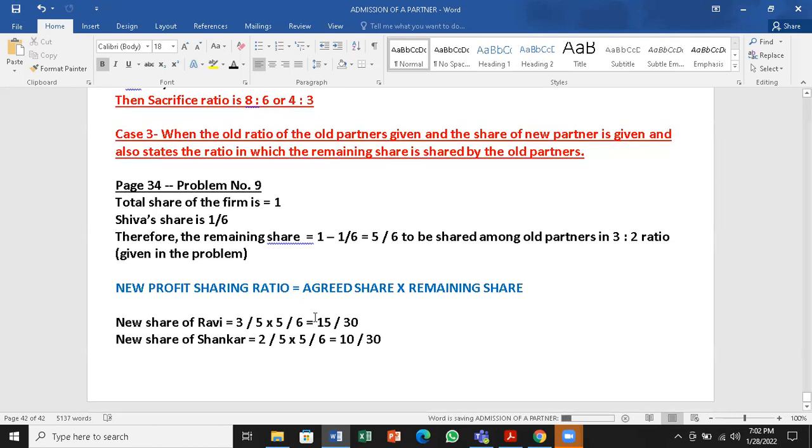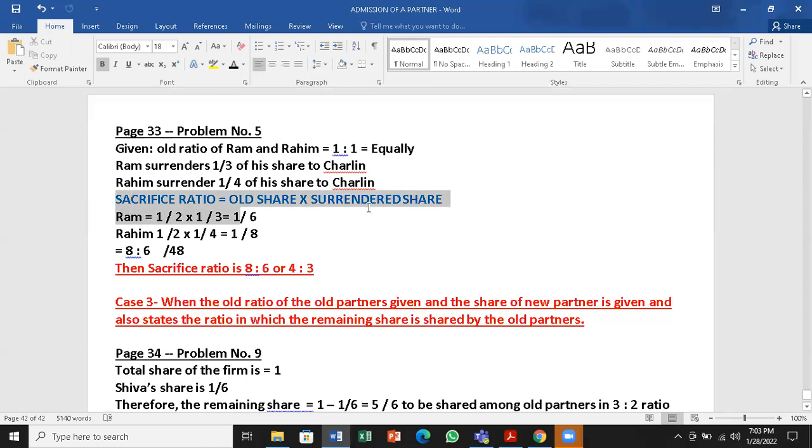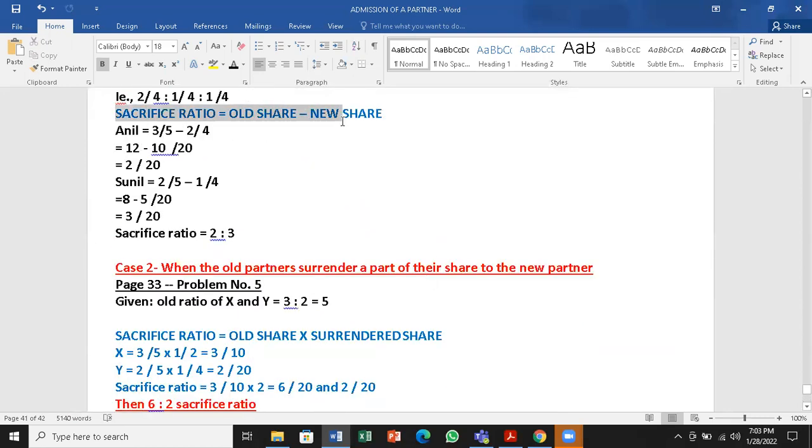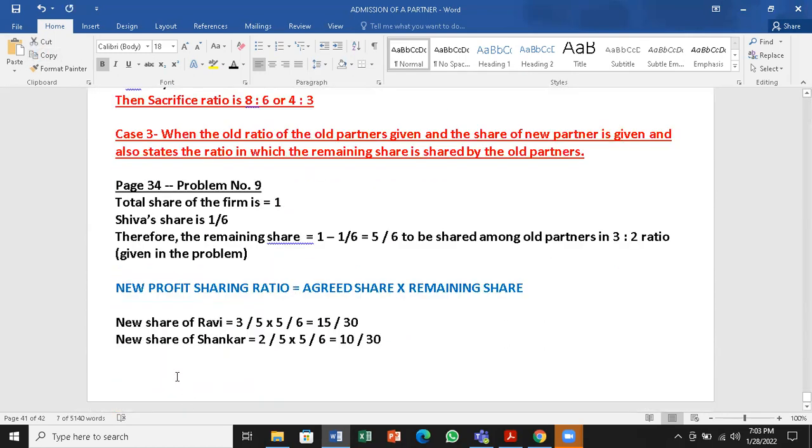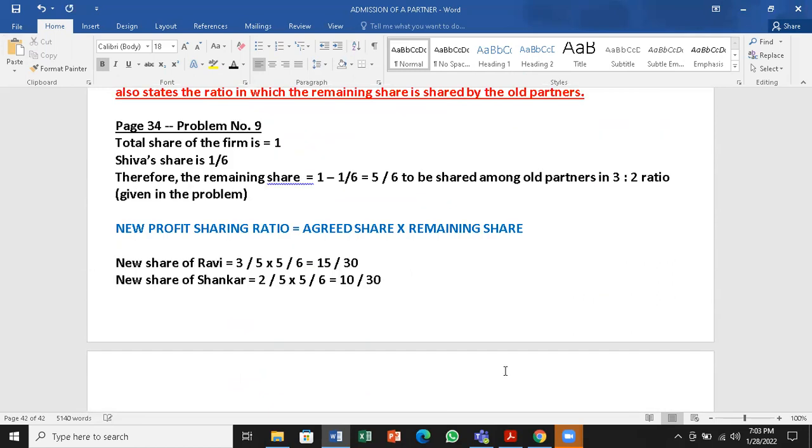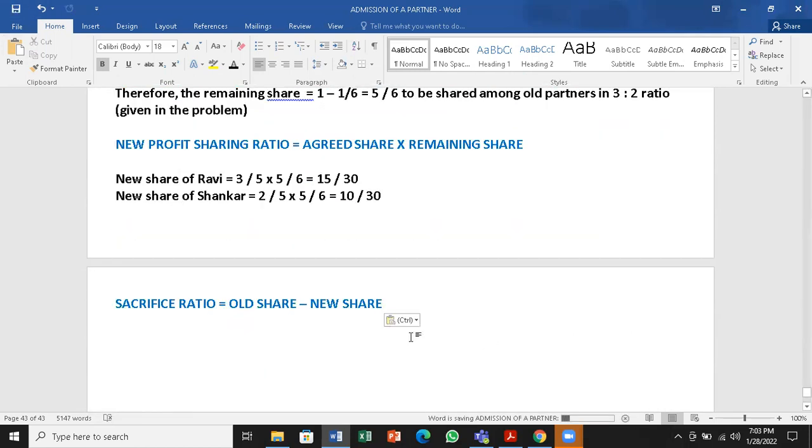So Ravi will be given 15 shares out of 30, and Shankar 10 shares out of 30. Now we know the new ratio and the old ratio. Now we can go for calculation of the sacrifice ratio. Sacrifice ratio is equal to old share minus new share. We can go for this working now.